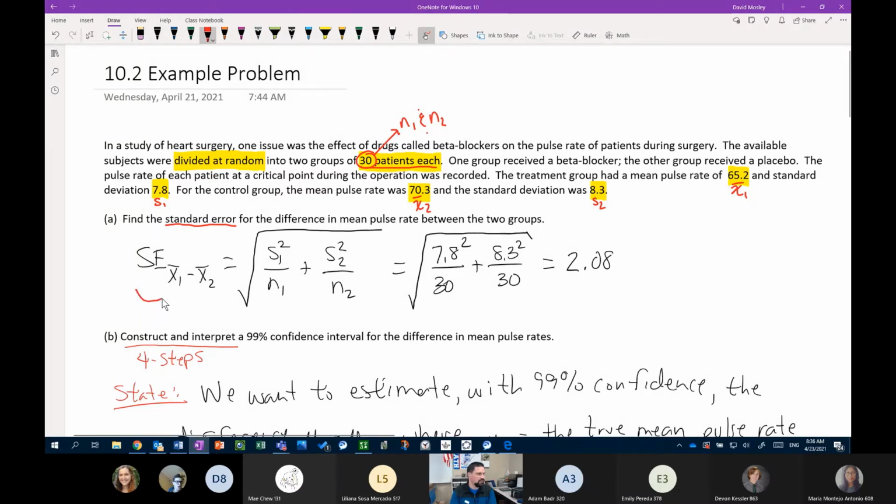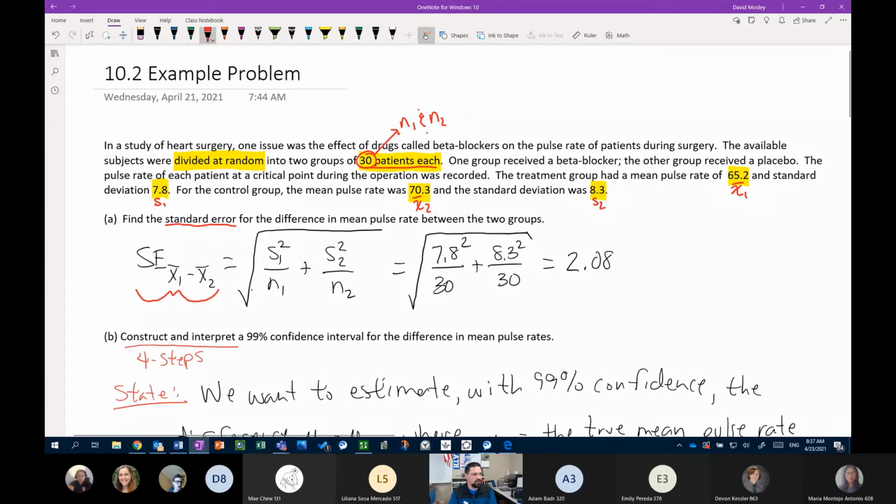This is not a calculation. I don't need this to do x1 minus x2 here. This is just notation saying I'm going to find the standard error of x bar 1 minus x bar 2, the difference of the two sample means. The calculation is what's in the square root over here.